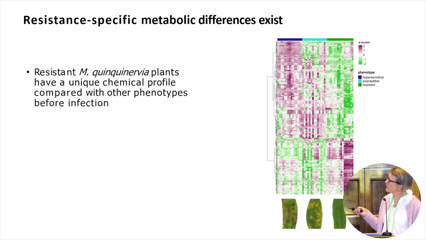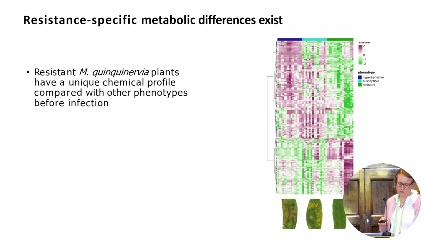Each row is a particular molecule, and some of those molecules were different in the resistant compared to the susceptible and the hypersensitive.